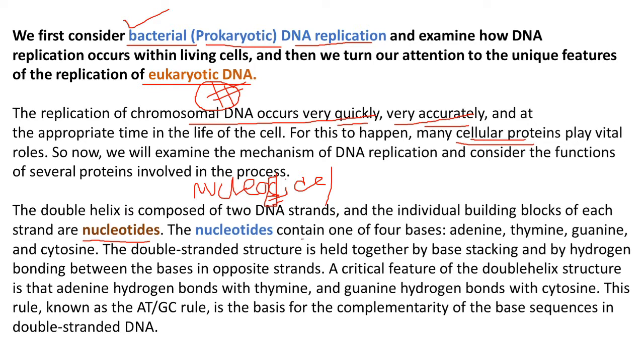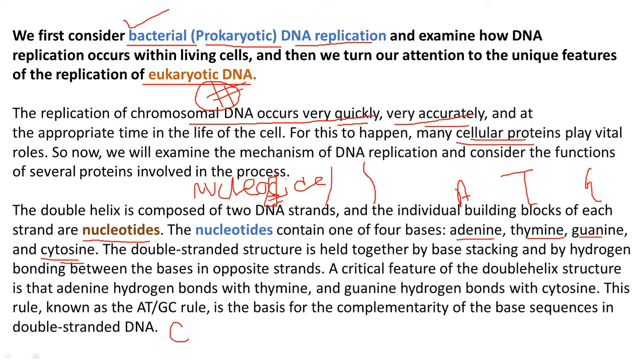The nucleotides contain one of four bases, that is adenine, thymine, guanine and cytosine. So the abbreviation of adenine is A, thymine is T, guanine is G and cytosine is C, I write it here in the lower part. The double stranded structure is held together by base stacking and by hydrogen bonding between the bases in opposite strands.